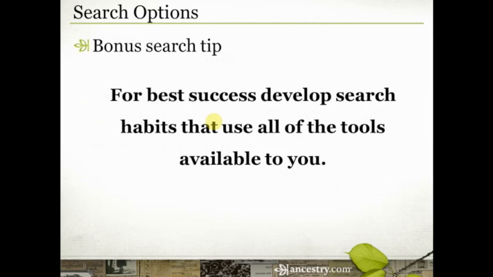So that's my final bonus tip for you today, which is, for the best success in searching, develop search habits that use all of the tools available to you. Ancestry does a really great job of making the records, 15 billion of them, remember, more accessible to you in as many different ways as possible. And one of the things about human nature is that very often we get stuck in a rut.